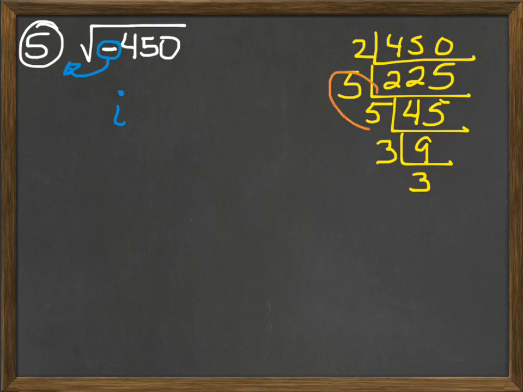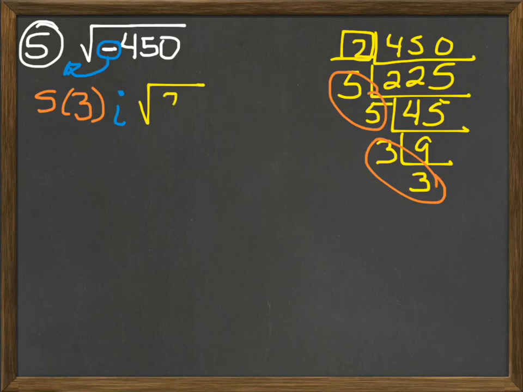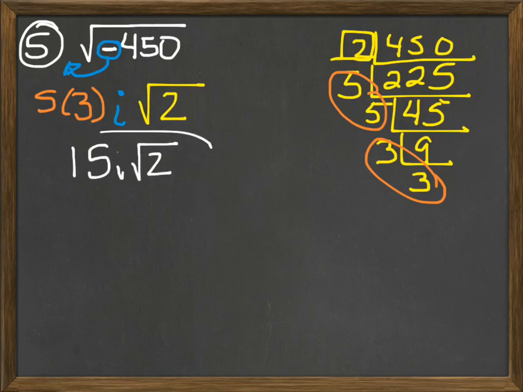I have a perfect set of 5s and I have a perfect set of 3s. So 5 times 3. Then that i, and then what's left behind is just that 2, so the square root of 2. Simplifying what I have, I end up with 15i square root of 2 as my answer.